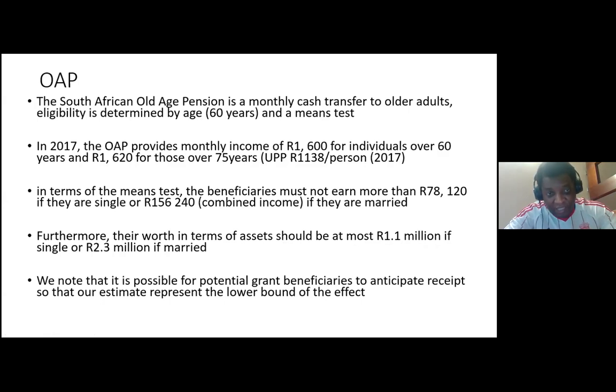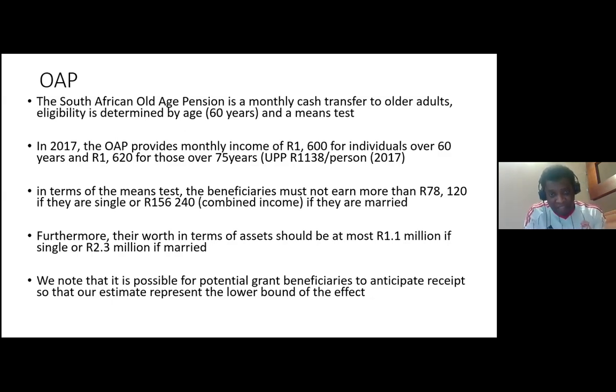In 2017, which is where our data was sourced from, the old age pension is 1,600 rand for individuals over 60 and 1,620 for individuals over 75 years. This compared favorably with the upper poverty line of 1,138 rand in 2017. So it's actually a substantial amount.